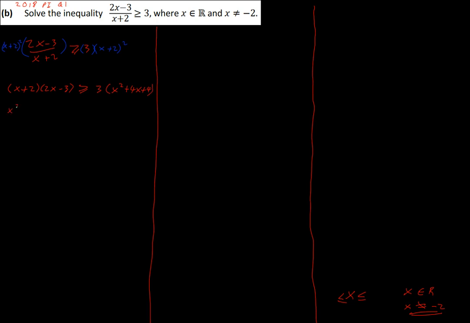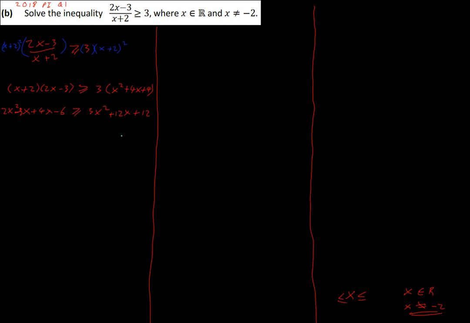Multiplying this out, 2x squared minus 3x plus 4x minus 6, 3x squared plus 4x plus 12x plus 12. So I've multiplied everything out.